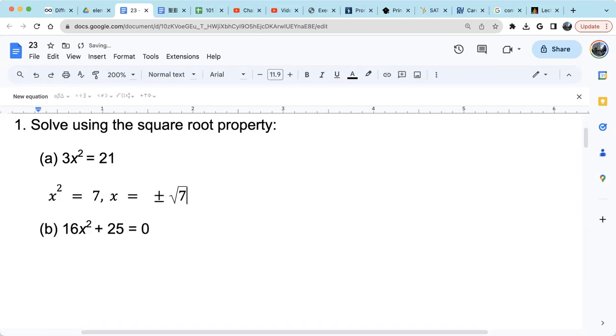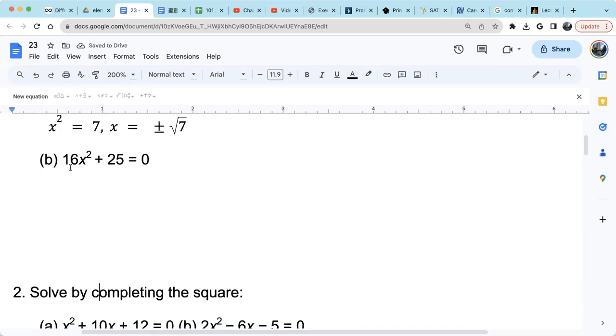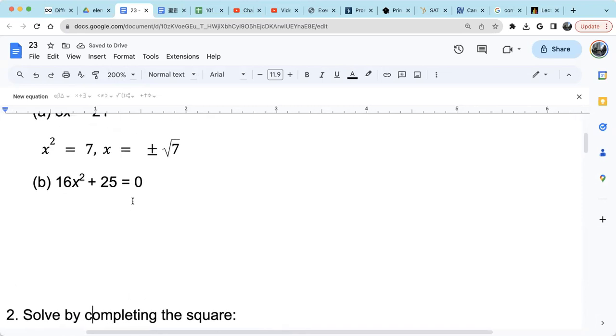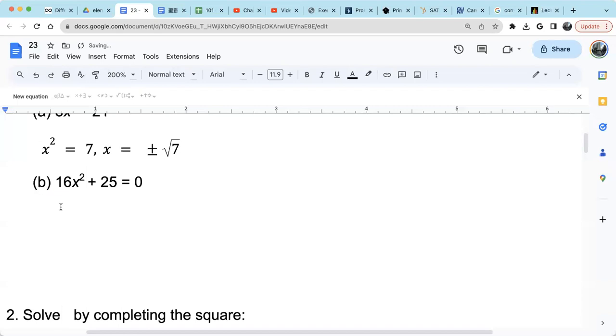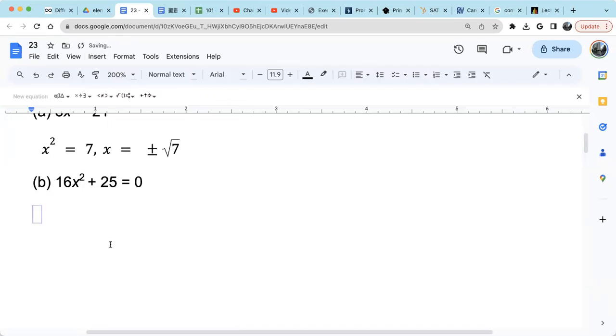Now let's see B. We move 25 to the other side. So we get 16x squared equals negative 25.